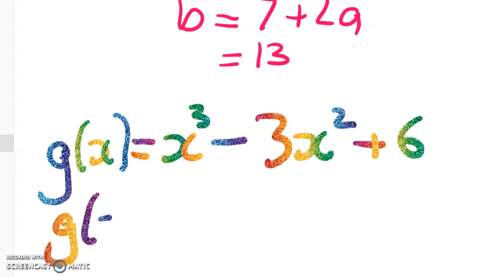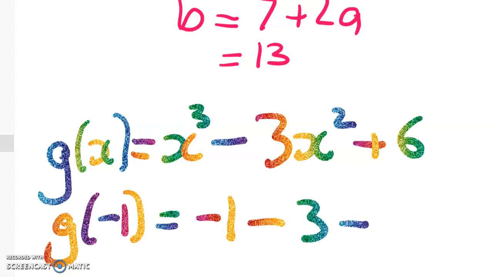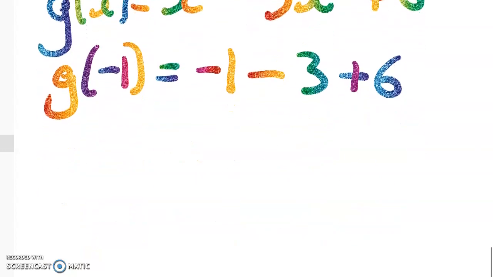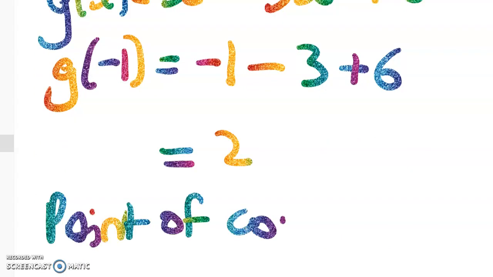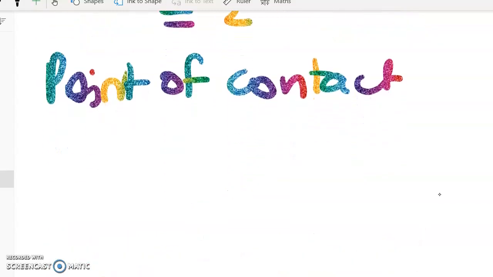And now I can work out g of negative 1, which is negative 1 minus 3 plus 6, which gives me 2. So the point of contact, or I could use h to do that as well. So the point of contact is negative 1, 2.